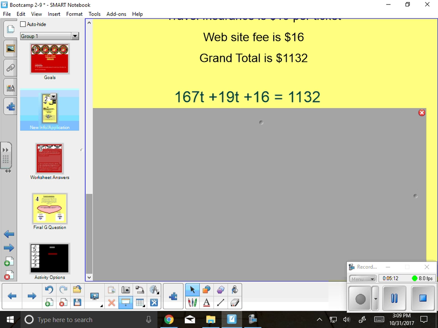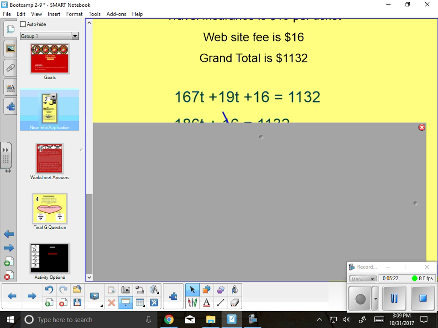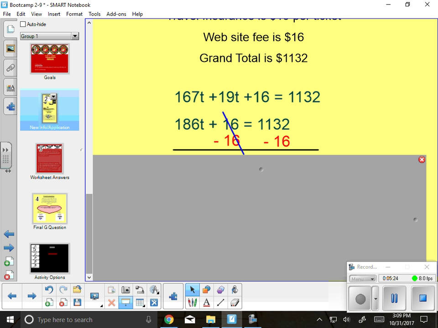So what we're going to want to do is either combine the like terms together or get the constant that's not attached to those T's to the other side. To do that, we're going to subtract 16 from both sides. As you can see in this step, I actually did both of them together. Please do them separately. So 167 plus 19 comes out to 186T.